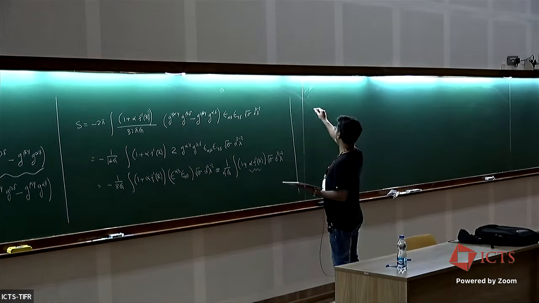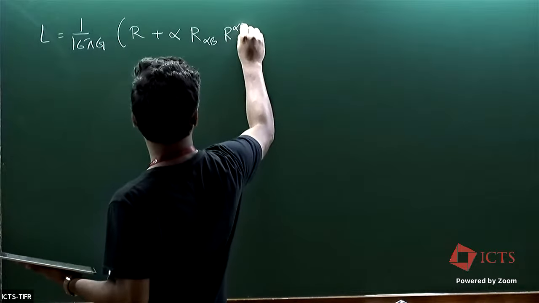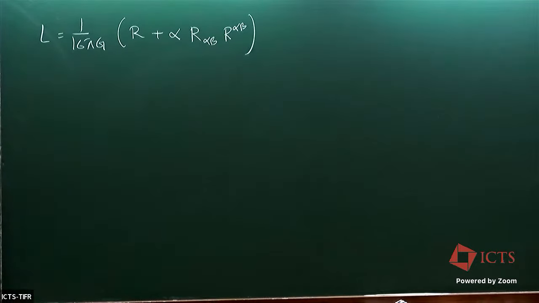Suppose I have L equal to 1 by 16 pi g, R plus alpha R alpha beta R alpha beta. Okay. What should be the entropy according to this formula? This is still a function of R and R alpha beta gamma delta, because the Ricci tensor, I can think of as a contracted curvature tensor. Then you should be able to follow the same result.